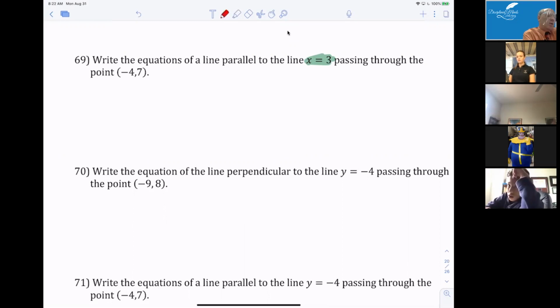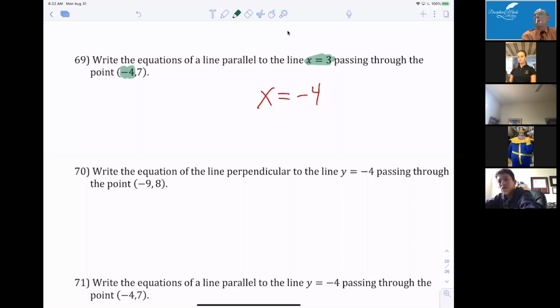So the answer is obviously x equals -4. How did I get that? Because that's the x value of this point. Is everybody understanding that? Do I need to draw anything or show anybody anything? All right, guys, that's pretty good.